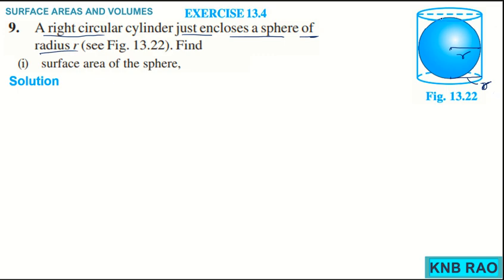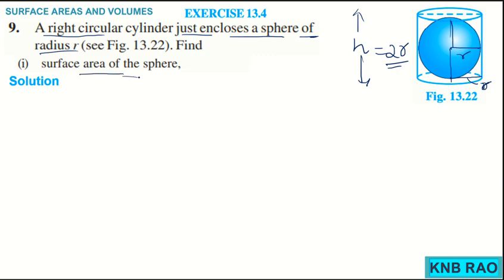And what is the height of the cylinder? The height of the cylinder is 2 times the radius, so 2r. This is how we first get the dimensions of the sphere and the dimensions of the cylinder.